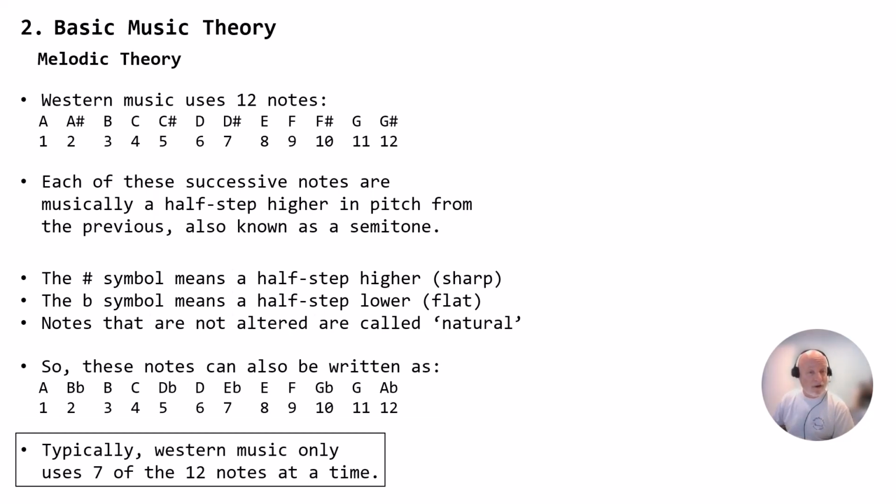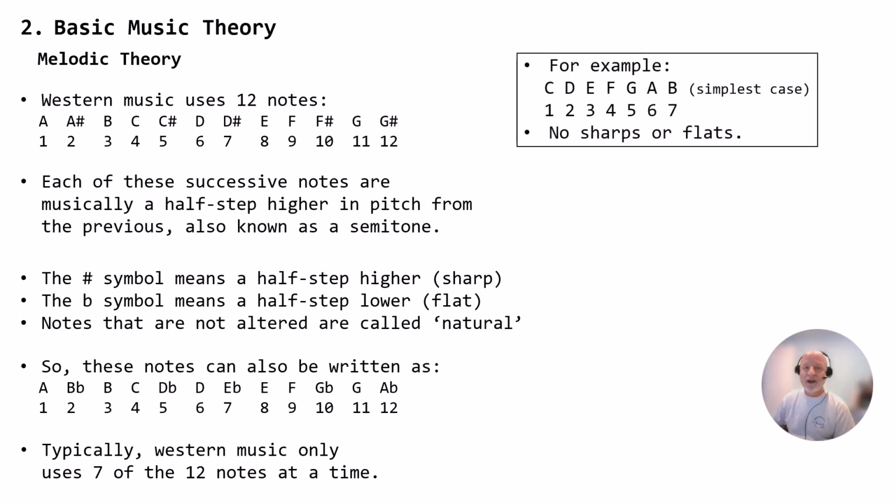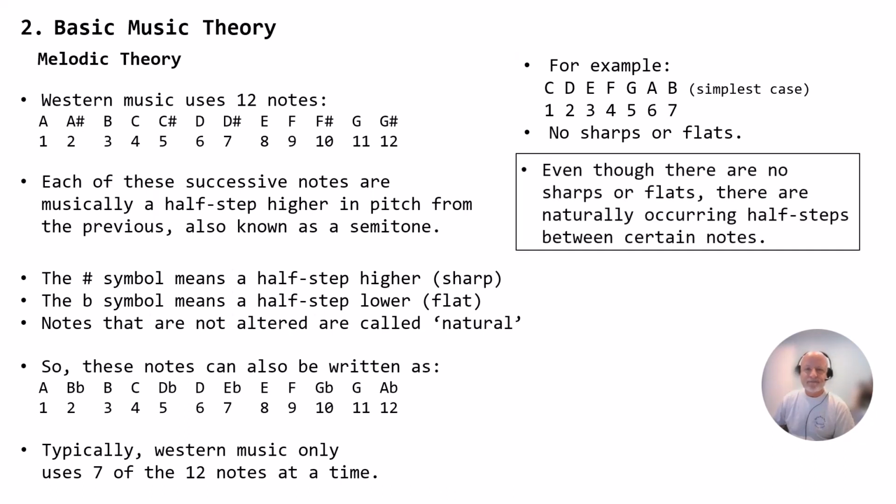Typically, Western music only uses 7 of these 12 at a time. So, for example, the simplest case, the key of C major, we have C, D, E, F, G, A, B, and those are the 7 notes. There are no sharps or flats.